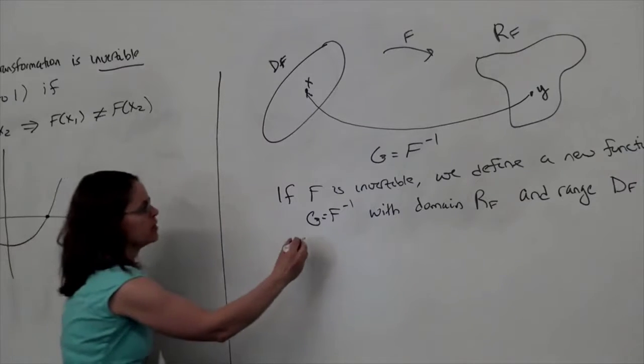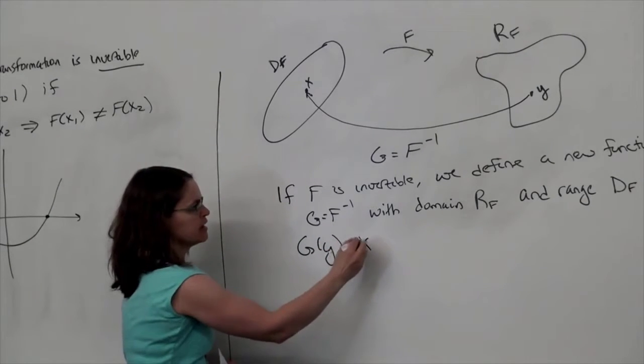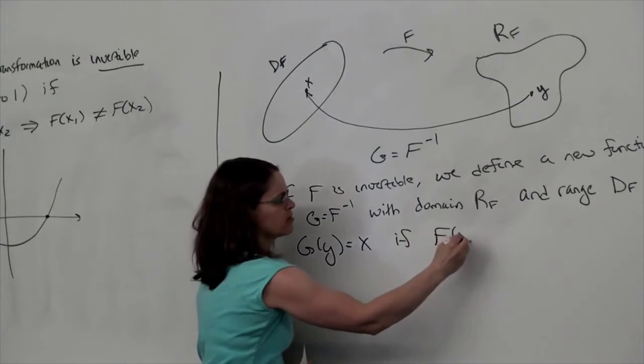And how do we define it? We say g of y is equal to x if x came from y.